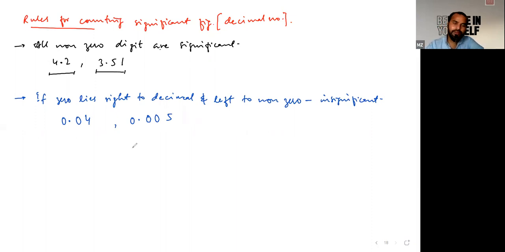All the zeros which lie right of the decimal but left of a non-zero digit are insignificant. This is your non-zero digit, and this zero is left of the non-zero and right of the decimal, so it is insignificant. So we have only one significant figure in this. Similarly, these two zeros are left of a non-zero digit and right of the decimal, so these two would be insignificant. So we have only one significant figure here.